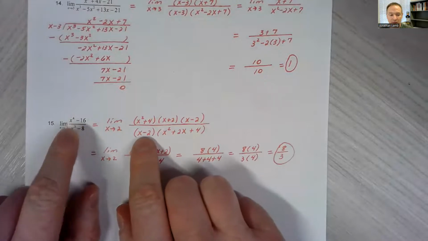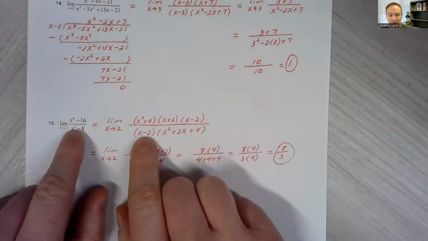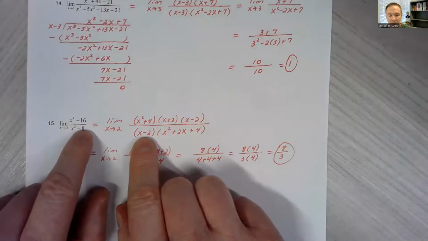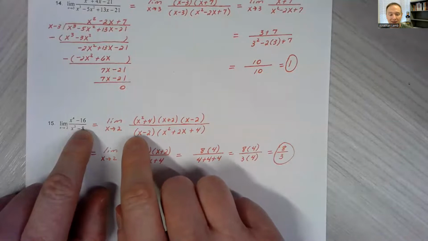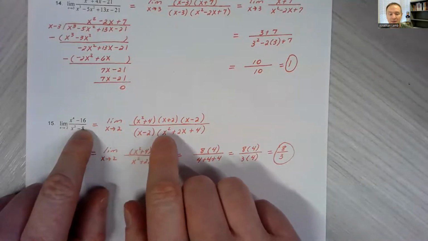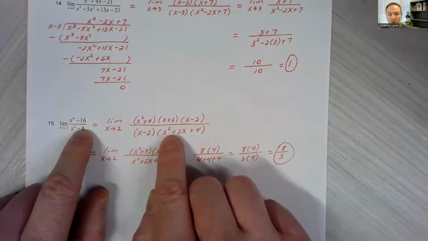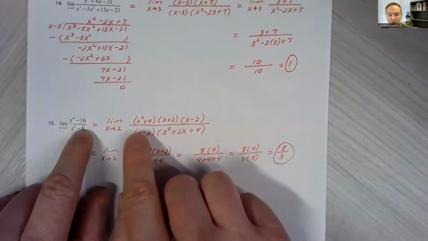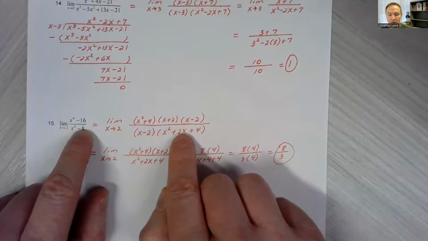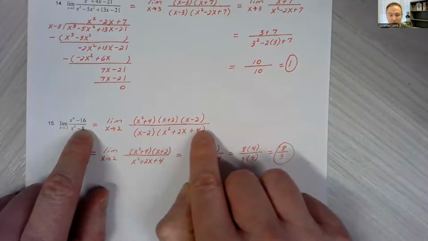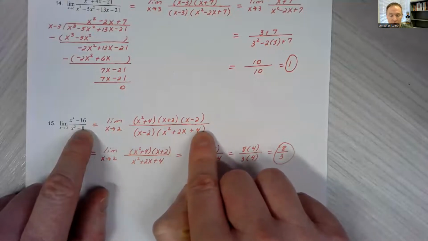In my denominator, it's a difference of cubes formula. I want you to think of this as x cubed minus 2 cubed. X cubed minus 2 cubed factors to be x minus 2 times the group: the square of the first term, x squared, plus the two terms multiplied by each other, 2x, plus the square of the second term, 2 squared, which is 4.